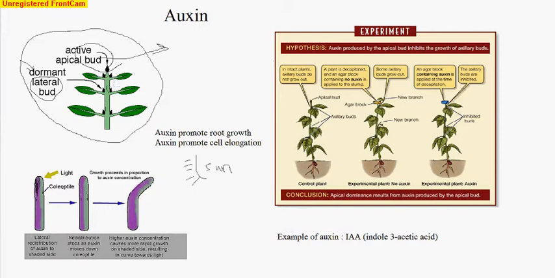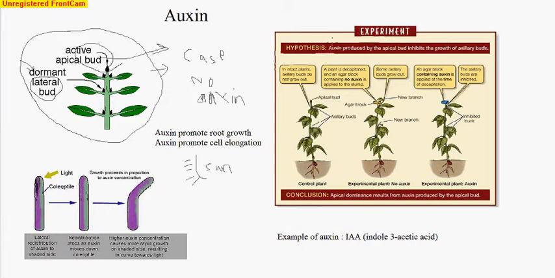So in case 2, when there is no auxin, we will have growth, because auxin inhibits the growth of these lateral buds. And this is shown in this experiment.